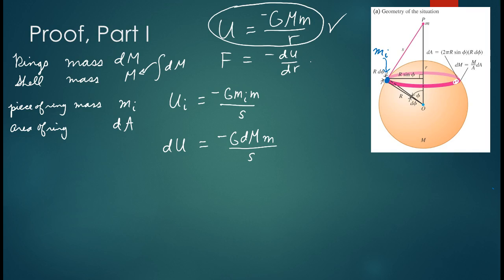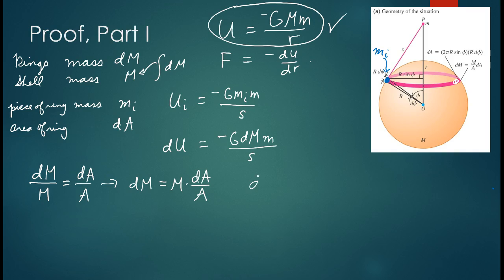Now we can go to the meat of this, which is to say that dm over the entire mass of the shell is equal to dA over the entire area. So this means that dm is equal to the entire mass times dA over A.